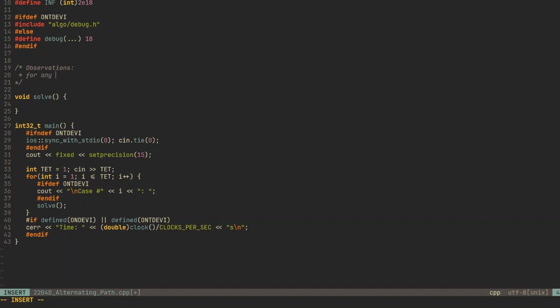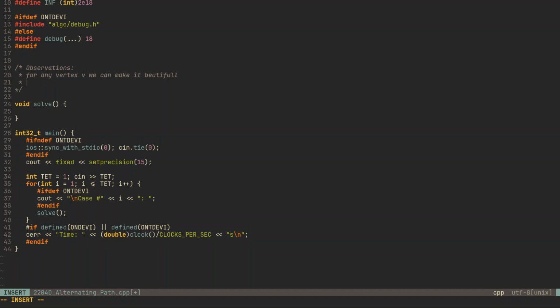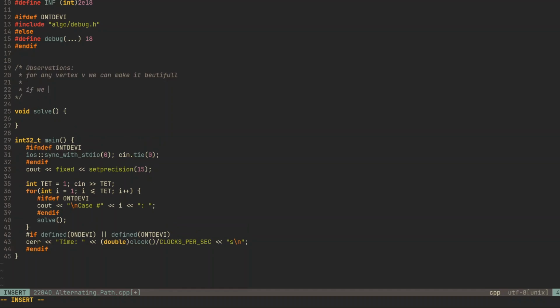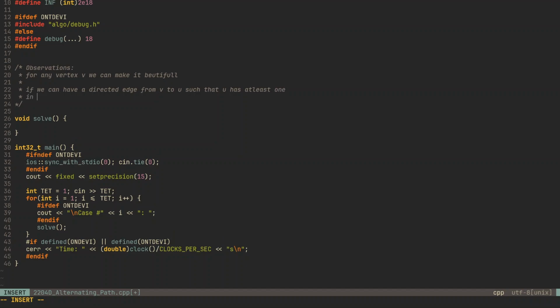For any vertex v, we can make it beautiful if we can have a directed edge from v to u such that u has at least one incoming edge.